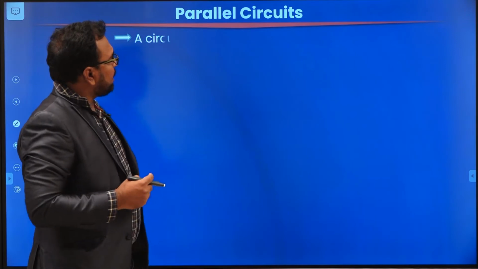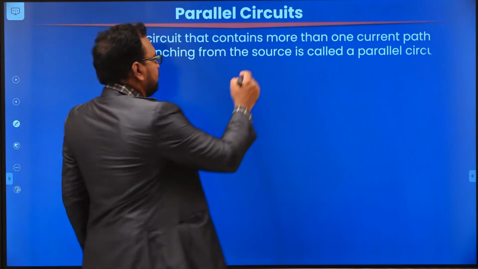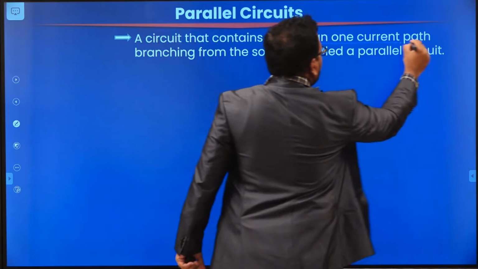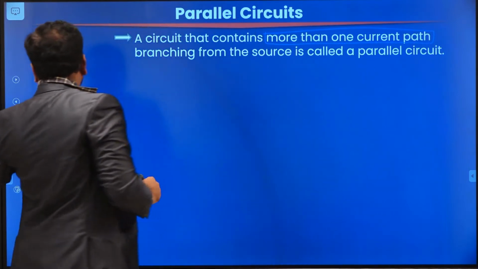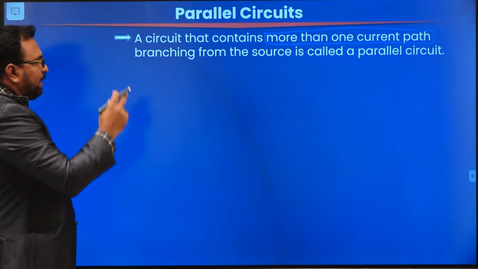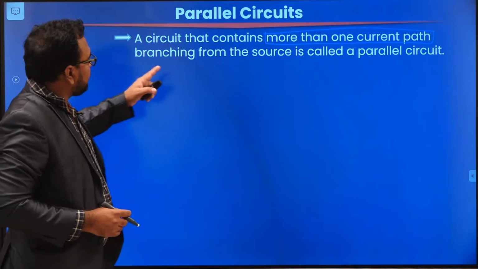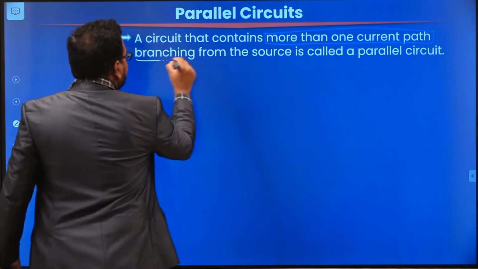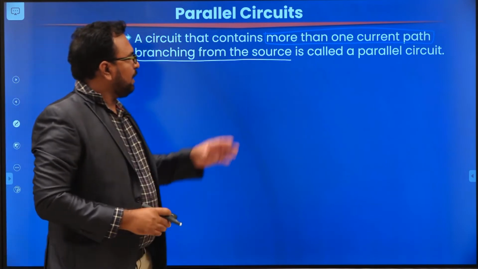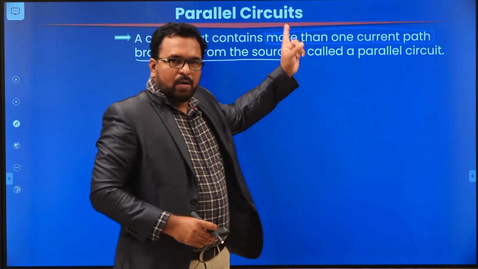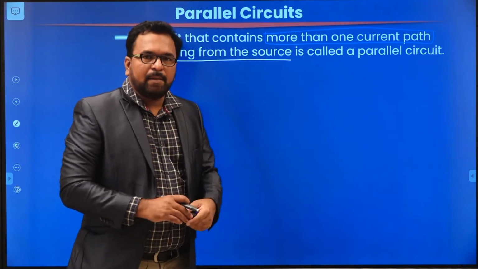But in case of a parallel circuit, the circuit contains more than one current path. And these current paths are always branching from the source. So a circuit that contains more than one current path branching from the source is called a parallel circuit.